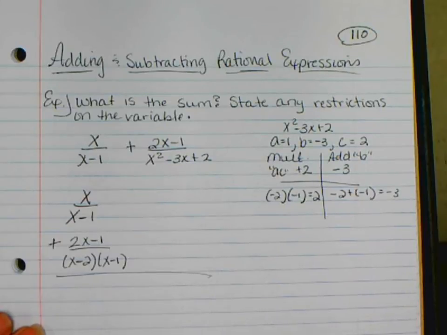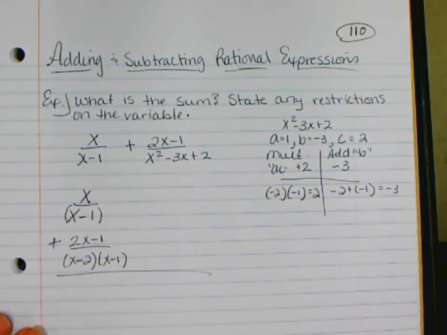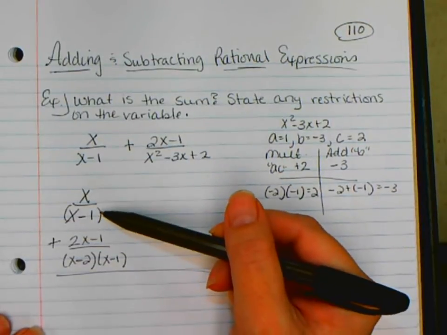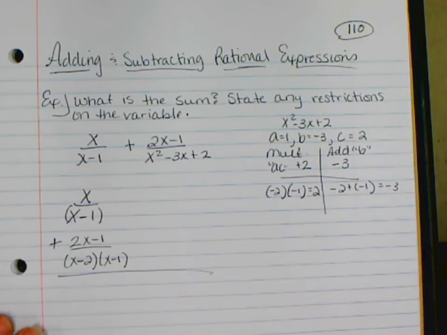Okay, you know when you add and subtract fractions, you have to get a common what? Denominator. Okay, so we just have factors in our denominator. All right, so the way I think about it is, this fraction has a denominator of x minus 1. This fraction has a denominator of x minus 1 and x minus 2. I need one of all of those factors to be a common factor.